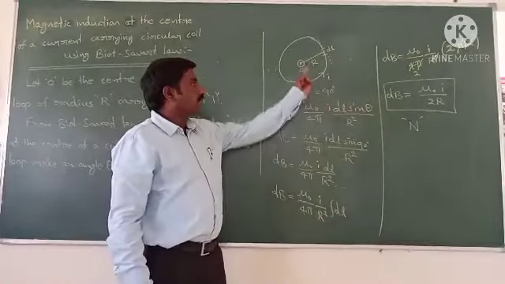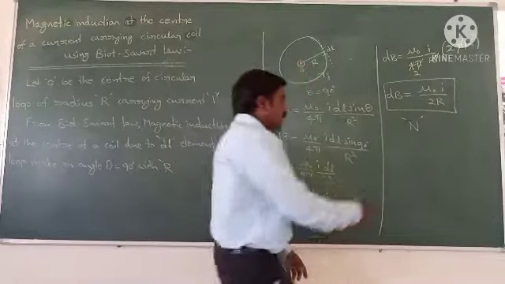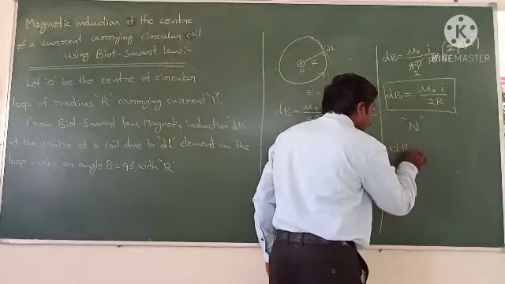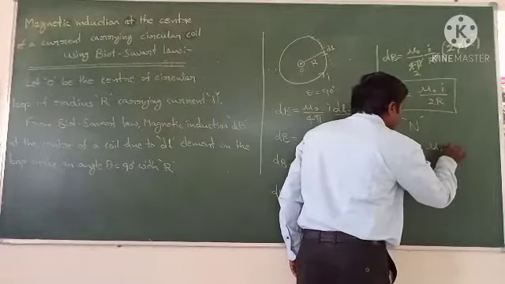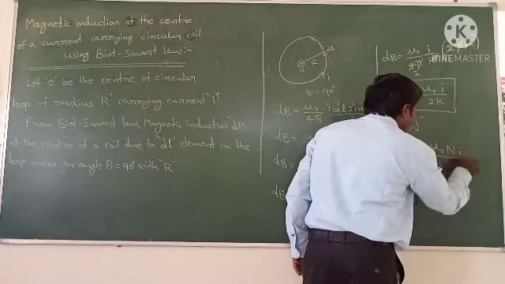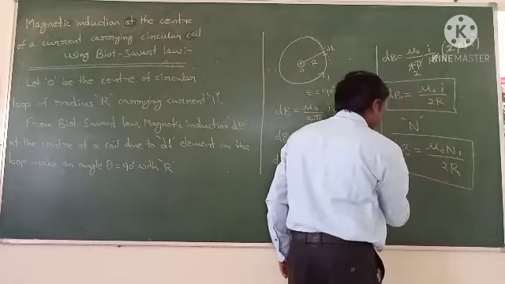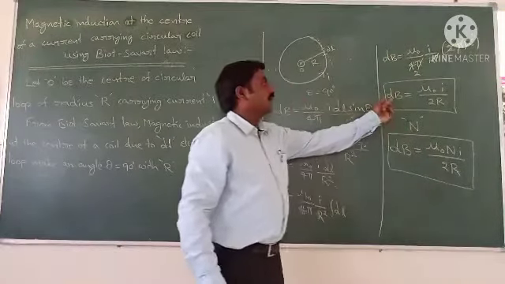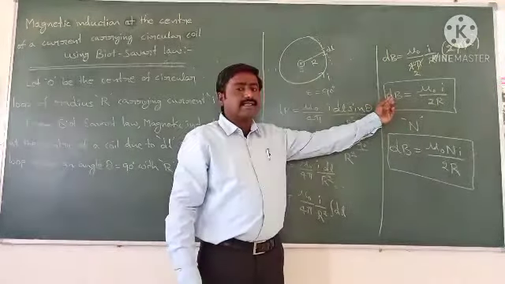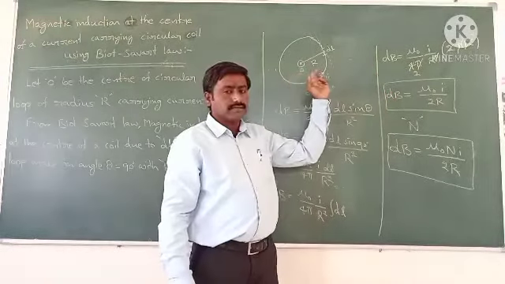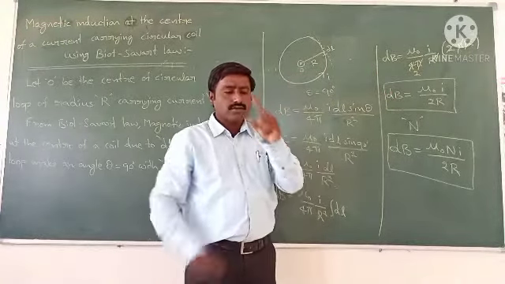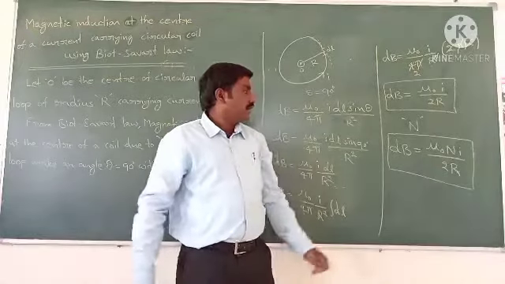in that case the produced magnetic field at the center is B equals mu naught N I by 2R. So this is the magnetic field at the center of a circular coil consisting of just one turn, only due to a single thread.